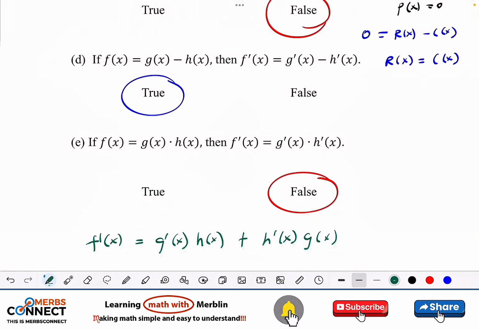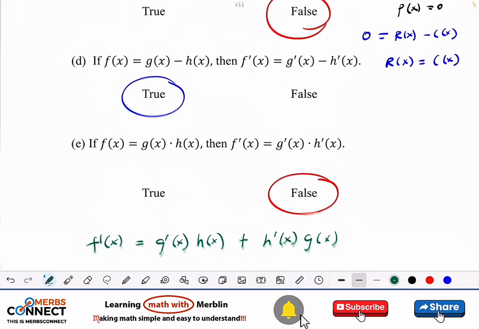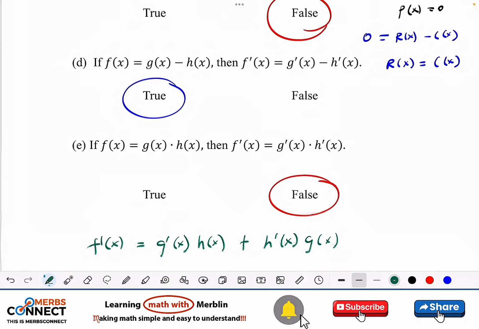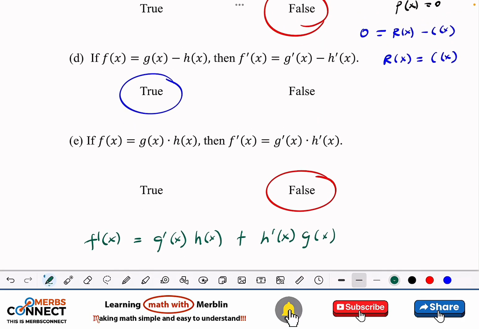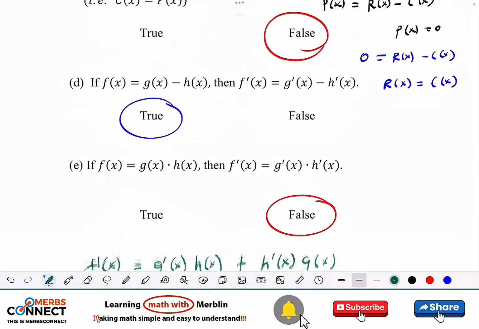So this should be the product rule. So how many falses? 3 falses, and 2 of them are true.